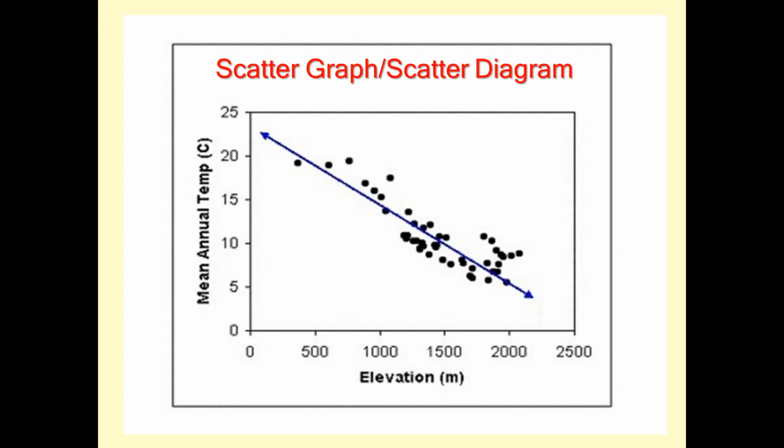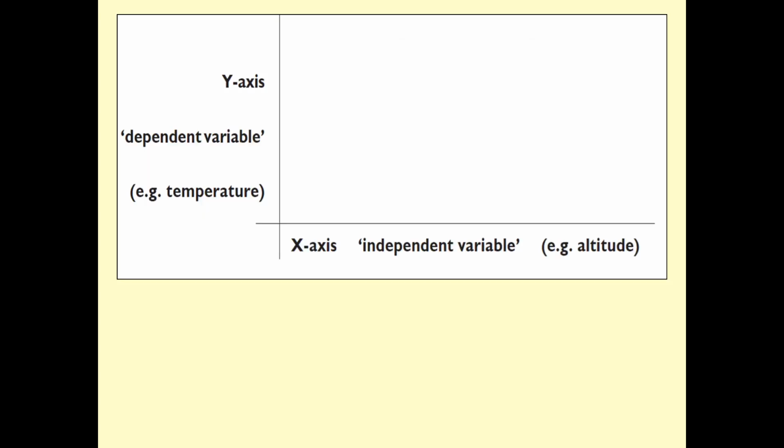In most cases, one variable will be dependent on the other. For example, if we look at the graph, the temperature is dependent on altitude, not the other way around. Altitude is not dependent on temperature.